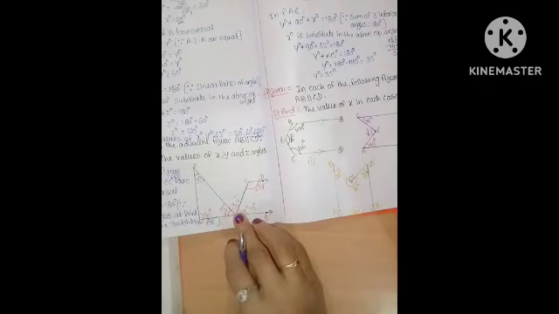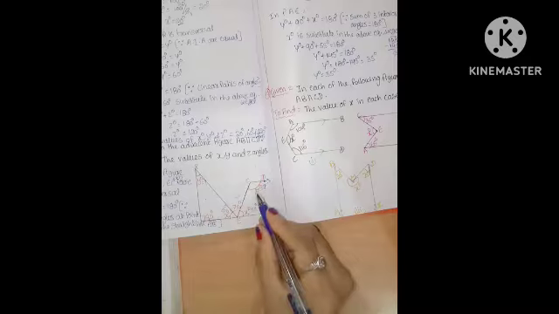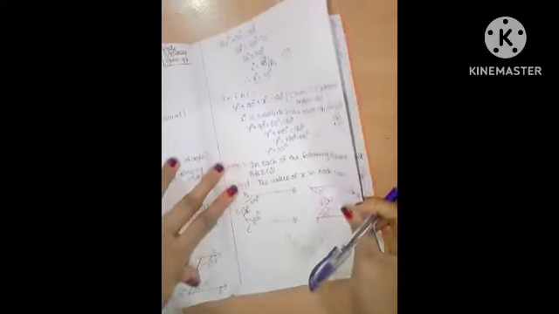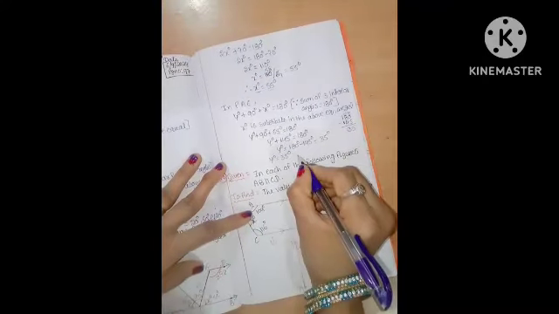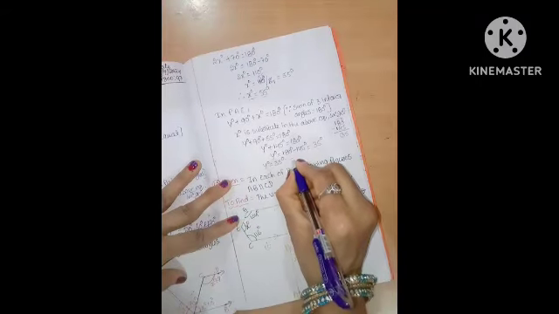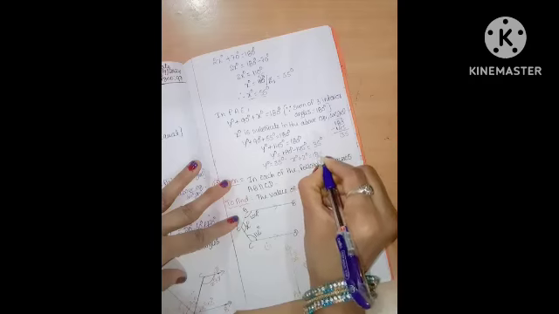How will you get z degrees from this figure? Which property are we using here? Interior angles on the same side of the transversal are supplementary. Using that property we get z degrees. So x degrees plus z degrees is equal to 180 degrees. Why?